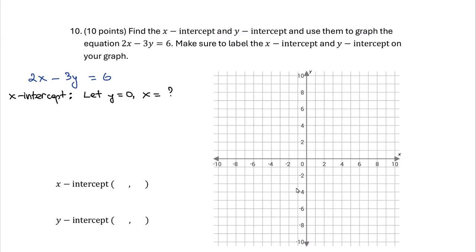So when y equals 0, I have 2x minus 3 times 0 equals 6. And that gives me 2x, since 3 times 0 is 0, right? 2x equals 6. Divide both sides by 2. So I get x equals 3. So that means y equals 0 and x equals 3. So the x-intercept will be 3, 0.